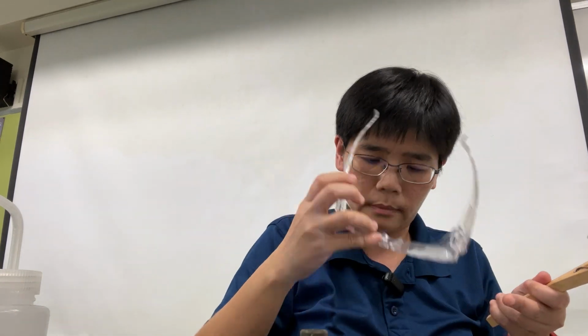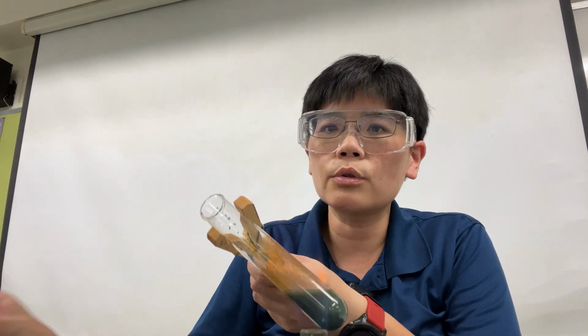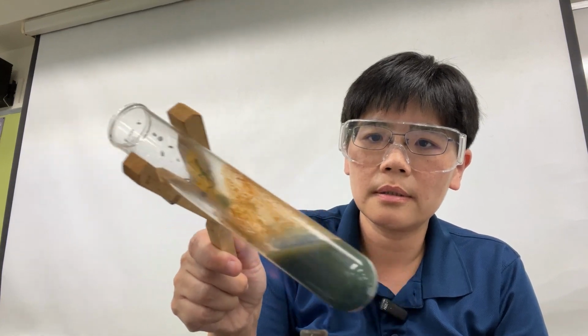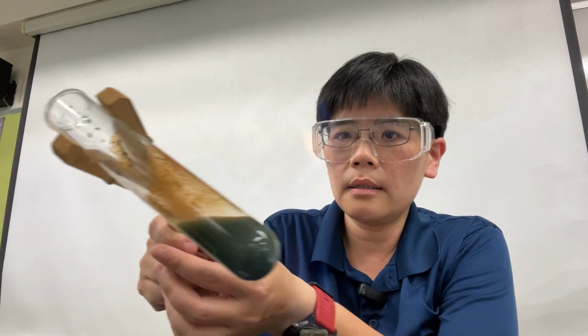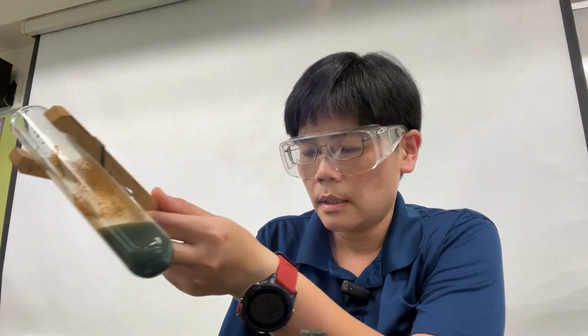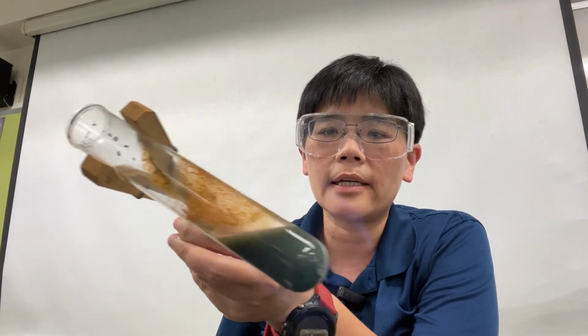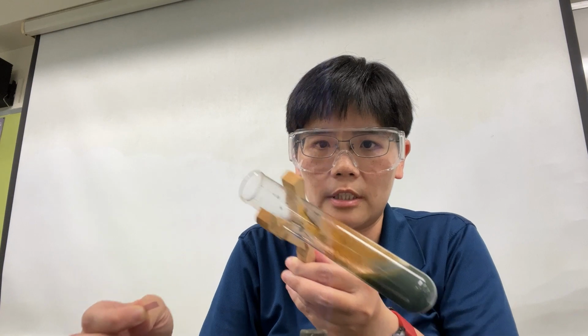And I need to put on my goggles. Okay, I'm going to do one thing at a time. I'm going to heat it gently as the instruction says. Knowing that this is the test for the ammonium ion, I'm going to test for the presence of ammonia gas using the damp red litmus paper.